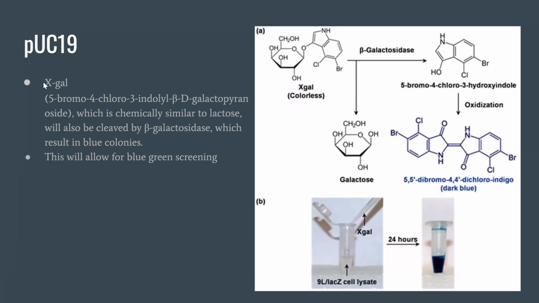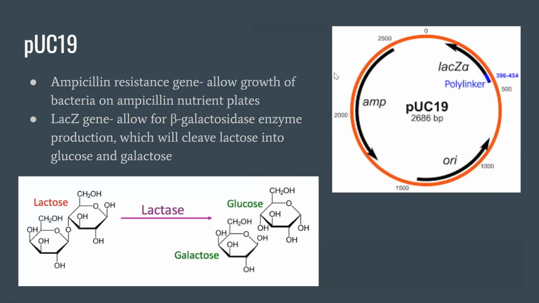So X-gal, along with ampicillin, are compounds that are going to be added to the agar that we're growing our bacteria on. So effectively, only the cells that were successfully transformed with the pUC19 plasmid will be able to grow at all, because if they were not transformed, they won't have this ampicillin resistance gene, and the E. coli will be killed by the antibiotic.